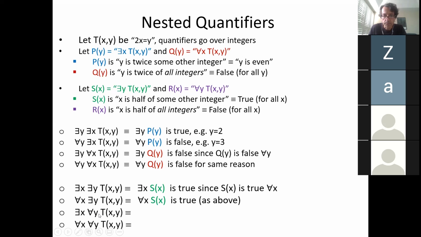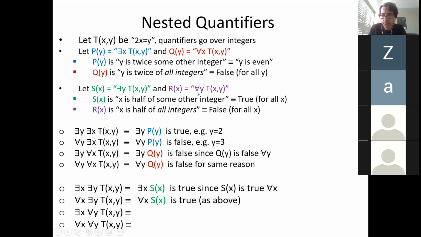How about this one? For all y, twice x is y. So it's this purple predicate. It's a predicate on x that says for all y, twice x is y. So x is somehow half of all integers, right? And that's obviously false. It is not true.